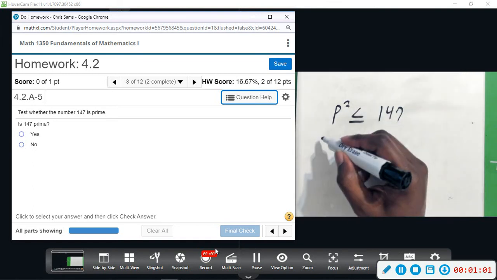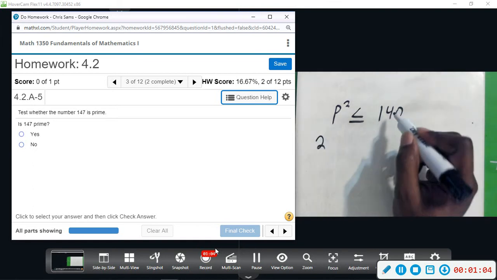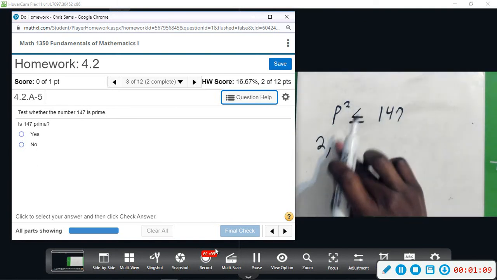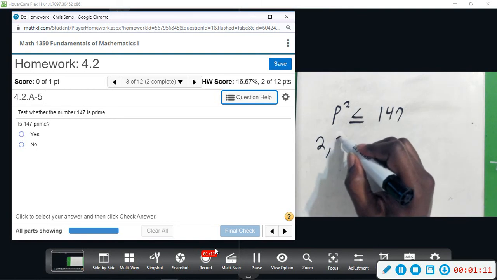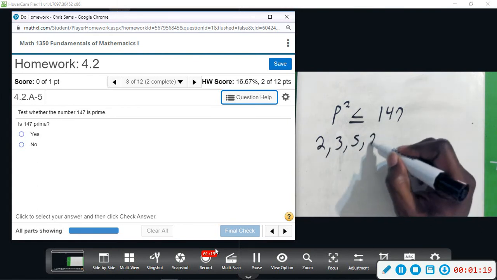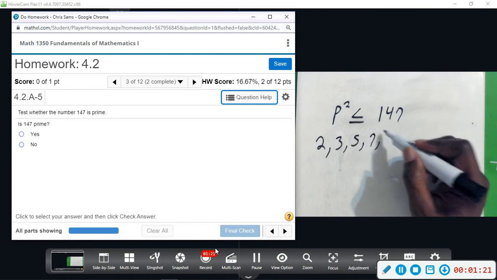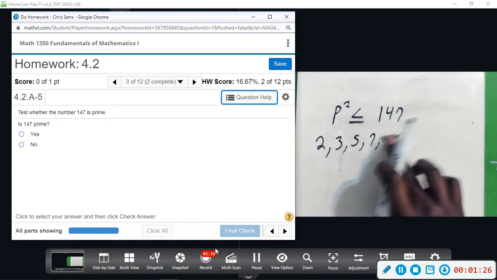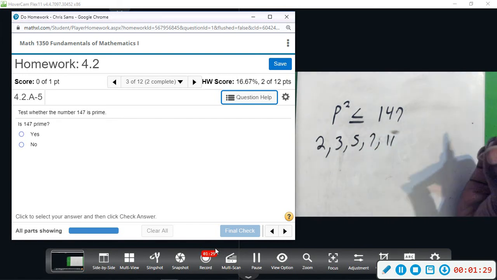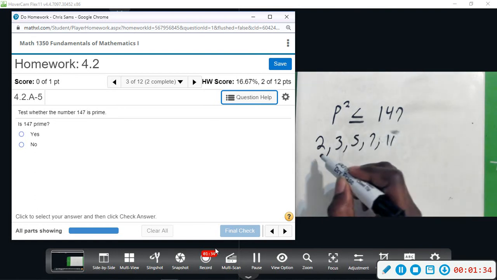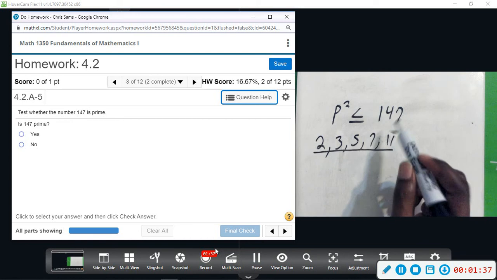So 2 squared is 4, definitely less than that. 3 squared is 9. 5 squared is 25. 7 squared is 49. 11 squared is 121. If we went up to 13, that would give us 169, which would be bigger. So these are the possible numbers that will divide.